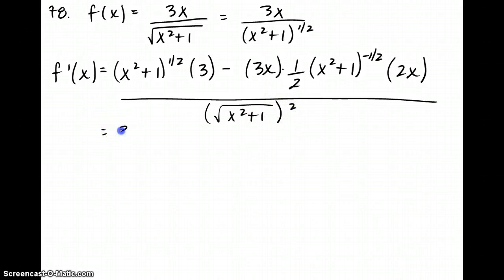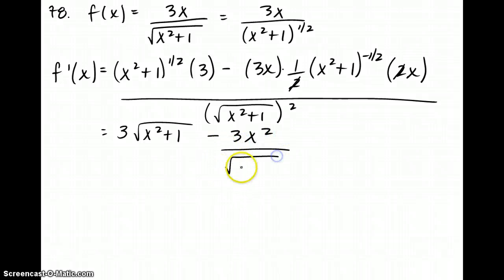Okay, so we have 3 times the square root of x squared plus 1, negative 3x. These 2's cancel, so negative 3x times x would give us a negative 3x squared, making that exponent positive, all divided by square root of x squared plus 1, and then all divided by x squared plus 1.